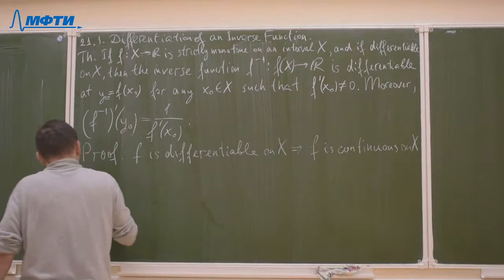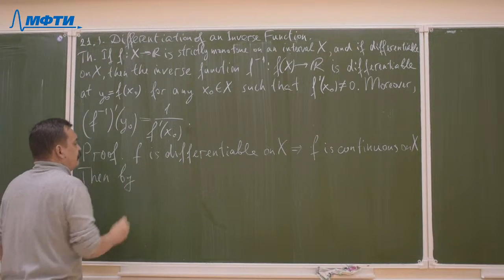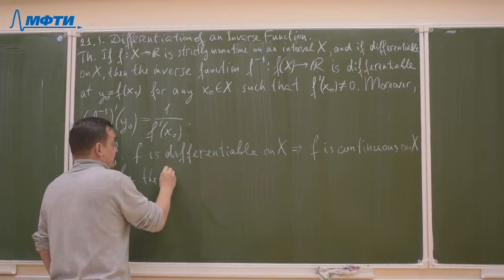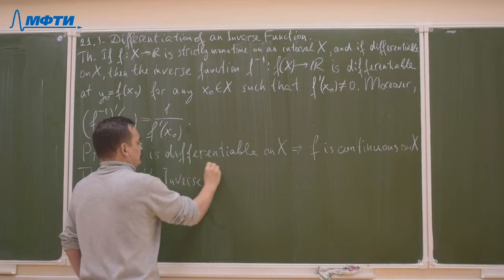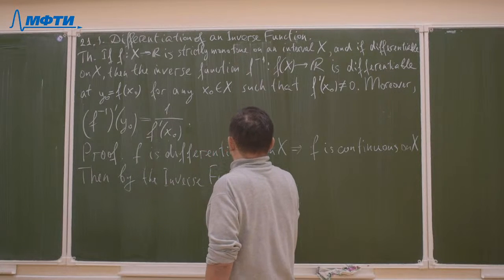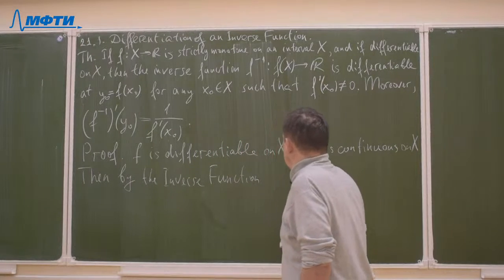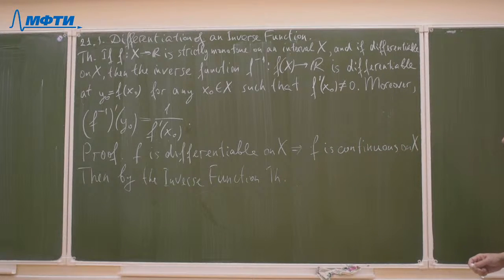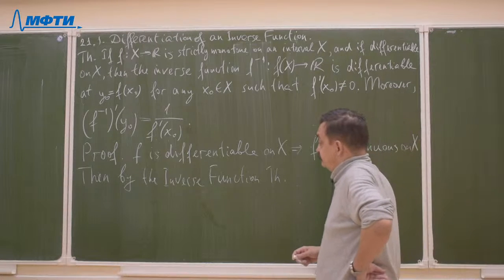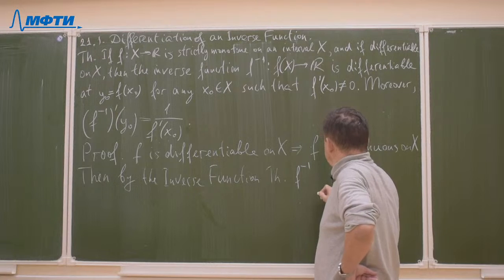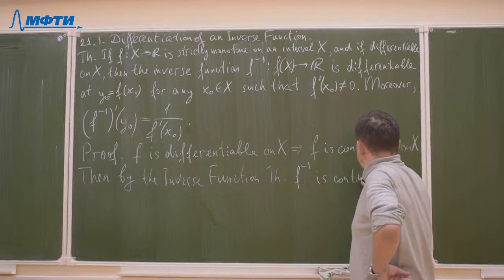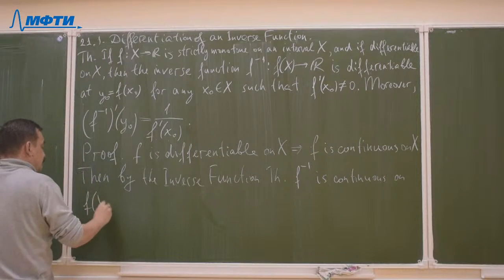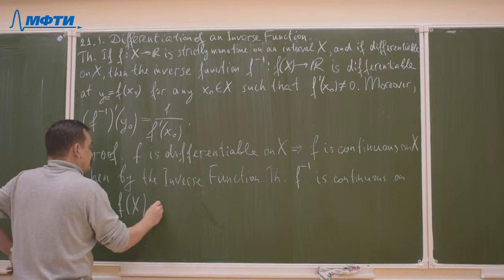Then, by the inverse function theorem, which was before, I mean, later it will be a different version, f minus 1 is continuous on f of X, and f of X is an interval.